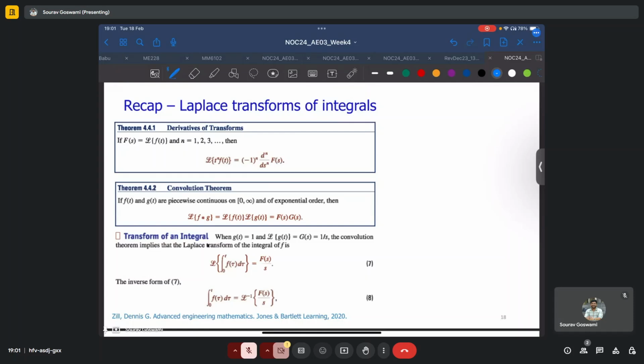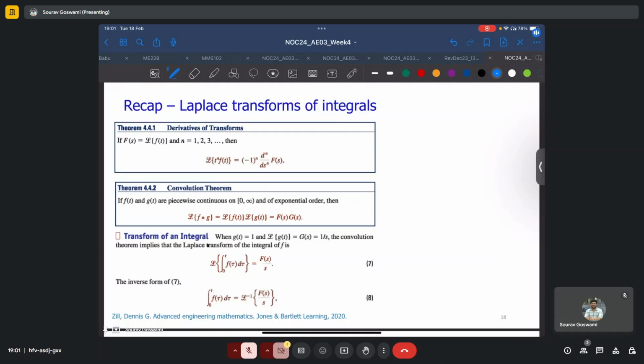Here are some other useful formulas available for us, such as the Laplace transform of t power n f of t is equal to minus 1 power n times the nth derivative d n by d s n of F of s.